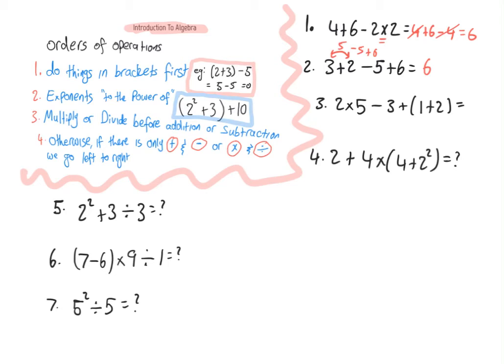So 1 plus 2, that's going to be 3. And then 2 times 5, that's 10. So it's going to look like 10 minus 3 plus 3. So 10 minus 3 is 7, plus 3, it's going to equal 10 again.